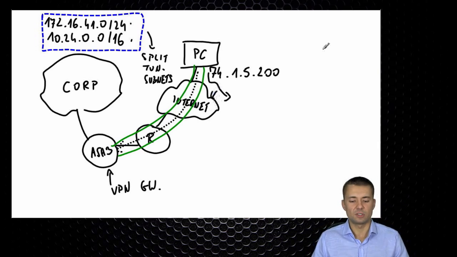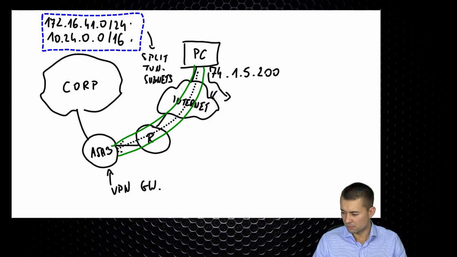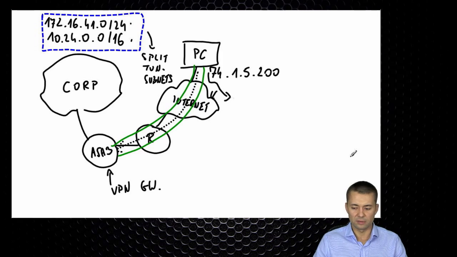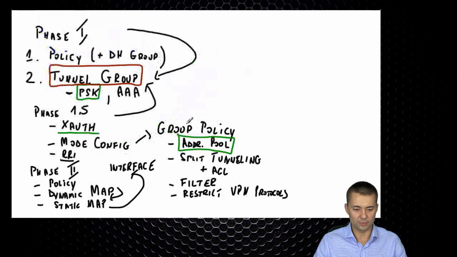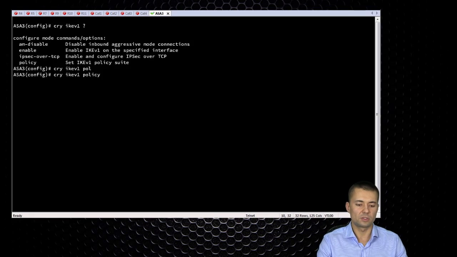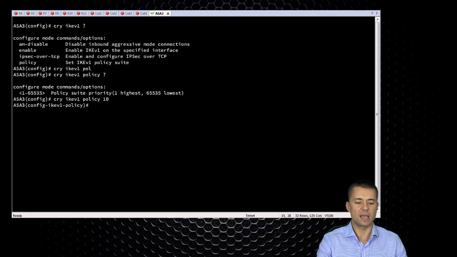Right, so let's take a look at this on the CLI. Phase 1 policy. Crypto ikev1 policy, say number 10. Specify the authentication method, encryption, hashing, and the Diffie-Hellman group.